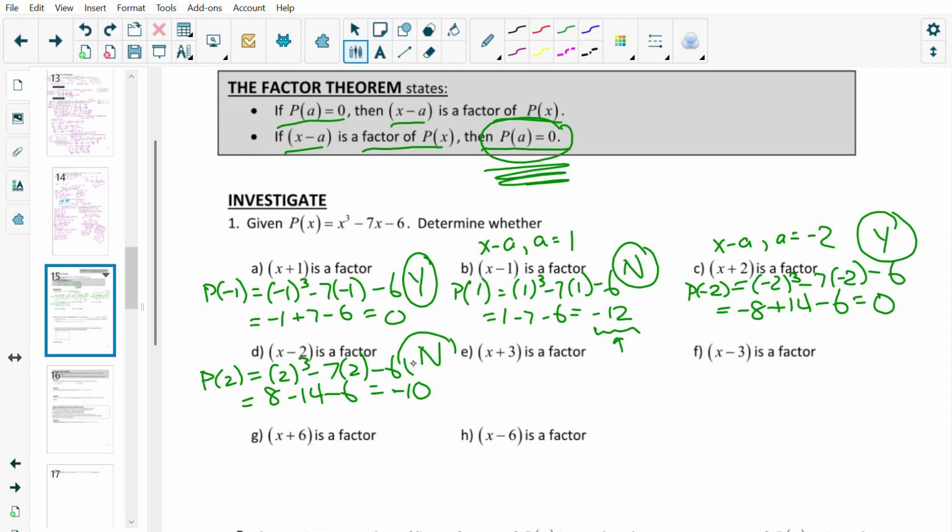No, not a factor. Okay, I'll pause it right here. Go through the rest of the examples yourself, and then check your answer. I think you get the idea of what we're doing here. So I'm just going to finish these up.